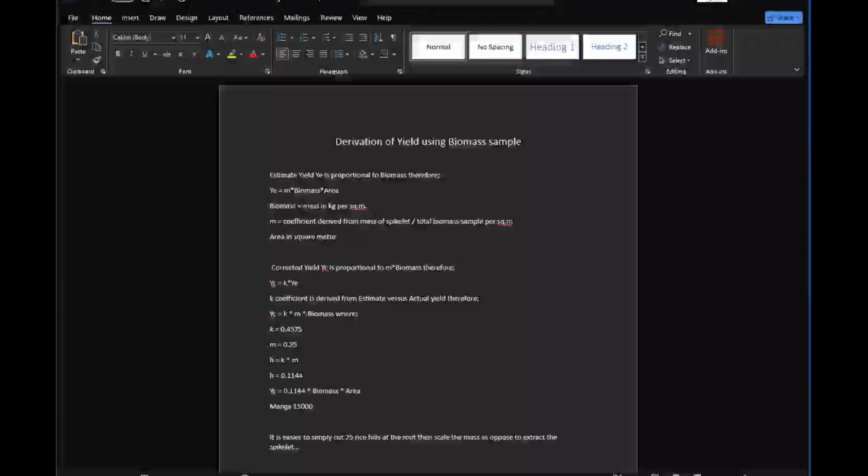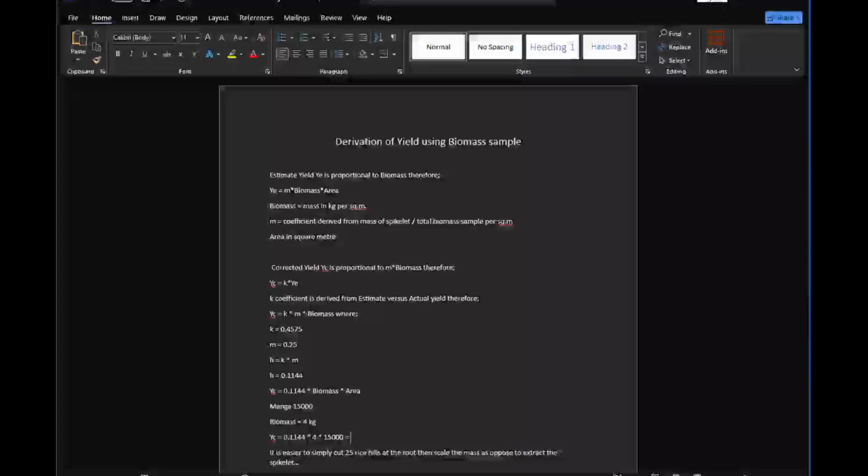Okay, so the corrected yield is 0.1144 times 4 times 15,000. So that's equal to, let's see here.